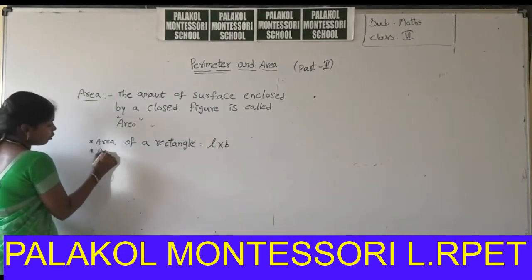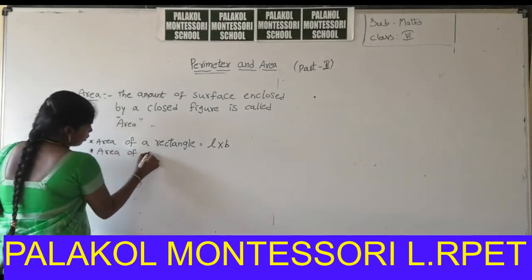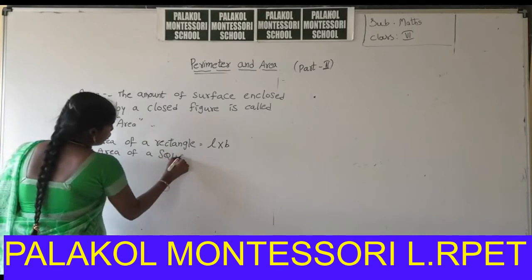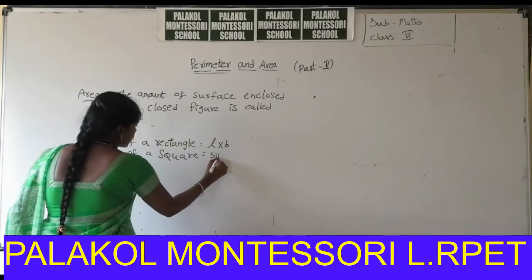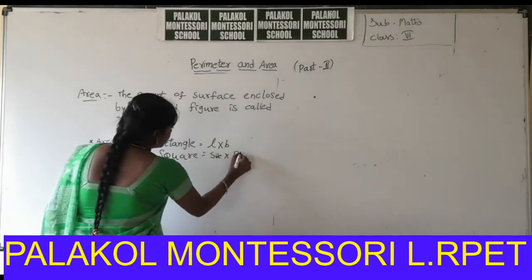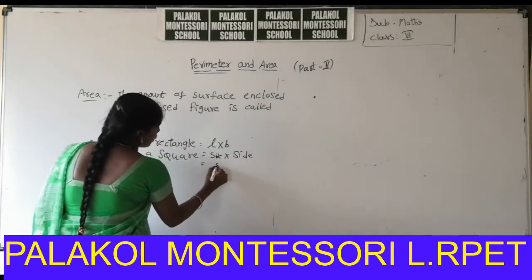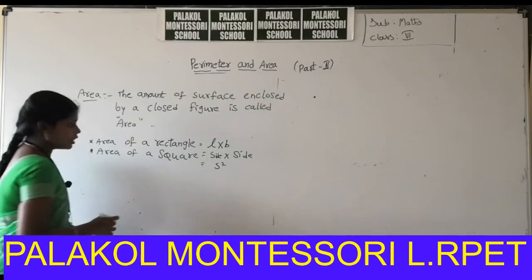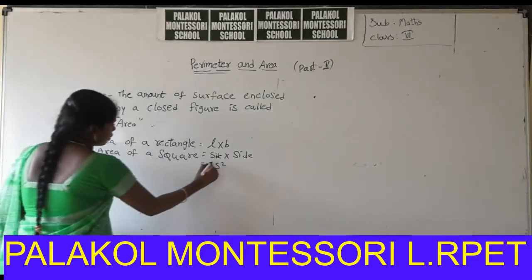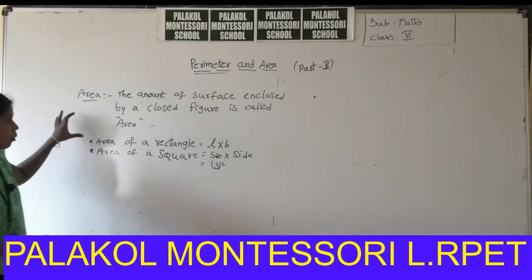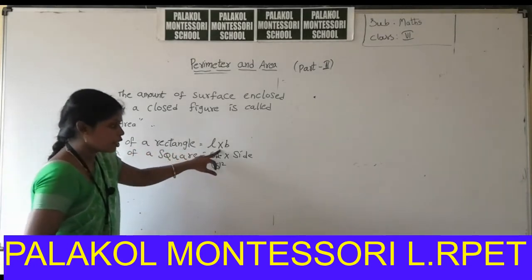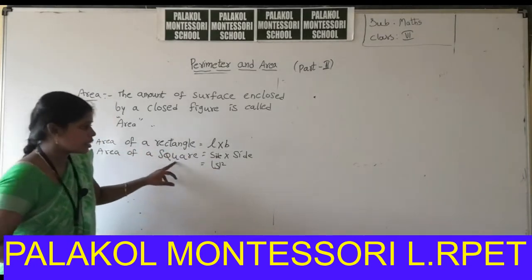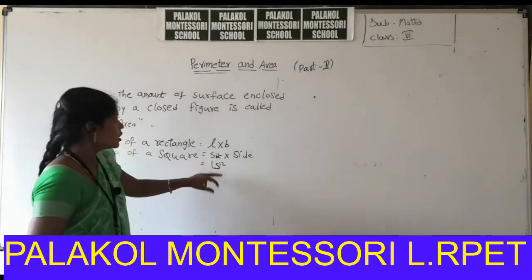Next, area of a square is nothing but side into side, that is side square. So these two formulas are very important. Area of a rectangle is length into breadth. Area of a square is side into side.